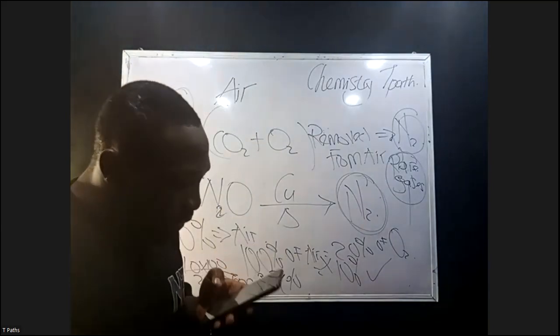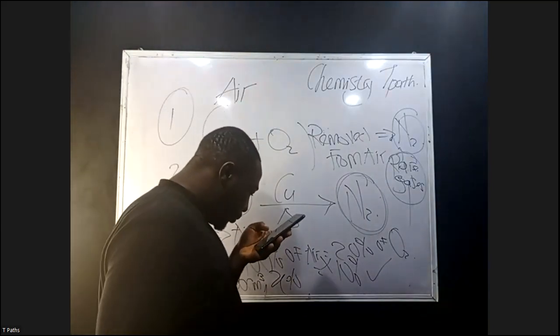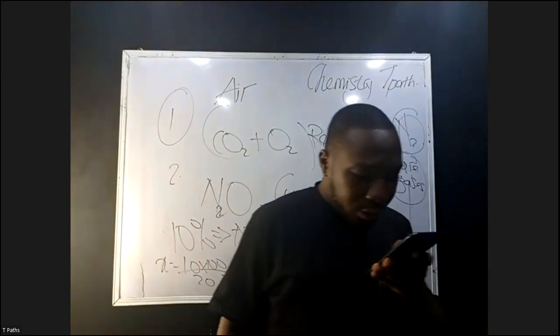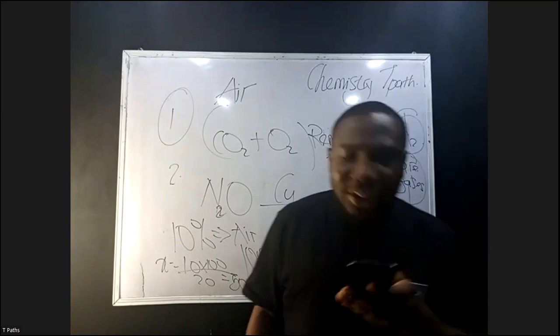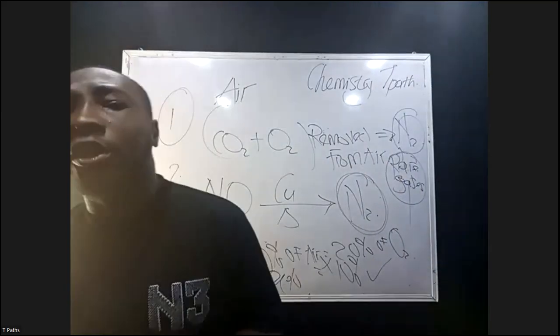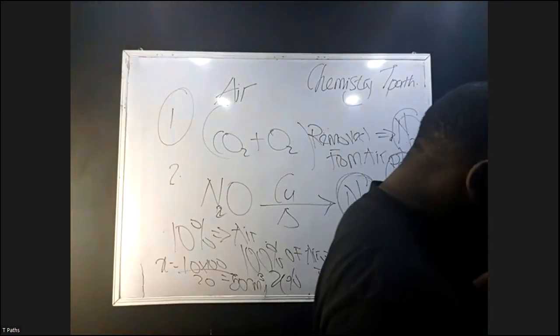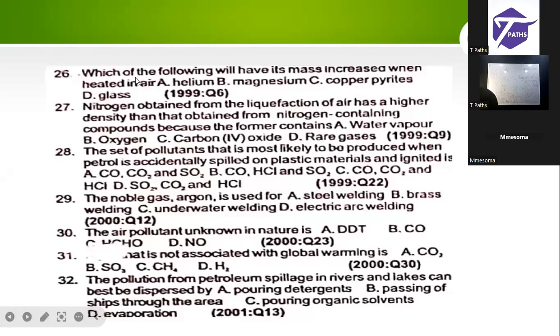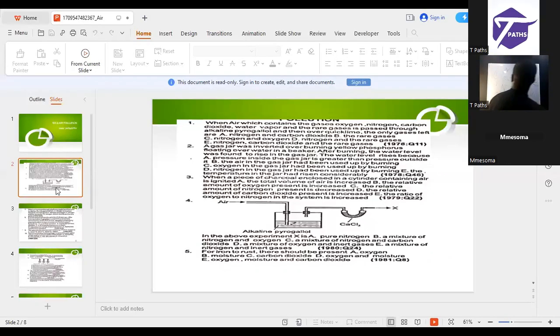The next question we have there, number 10, is a very popularly asked question. In the exhaust fumes from a garage in a place that uses petrol of high sulfur content are bound to contain. Good question.